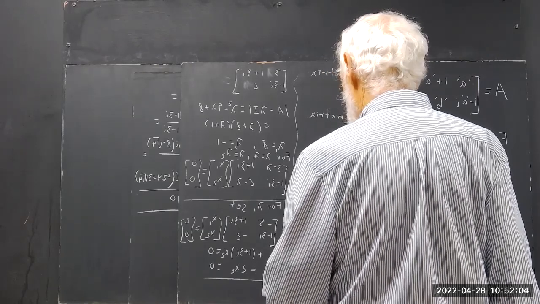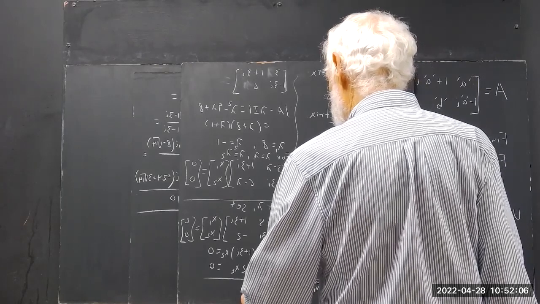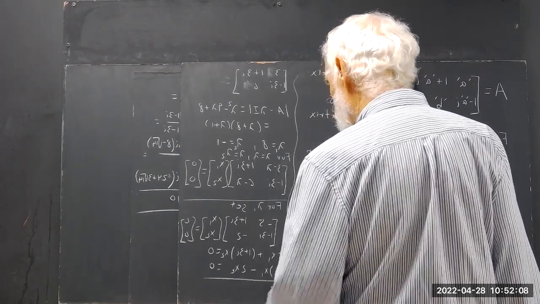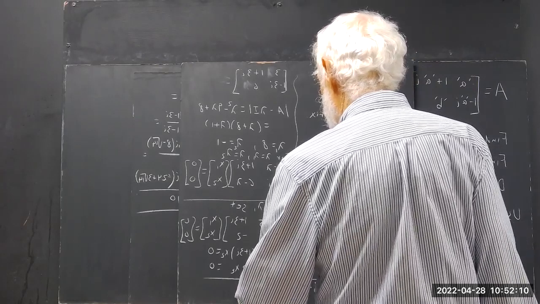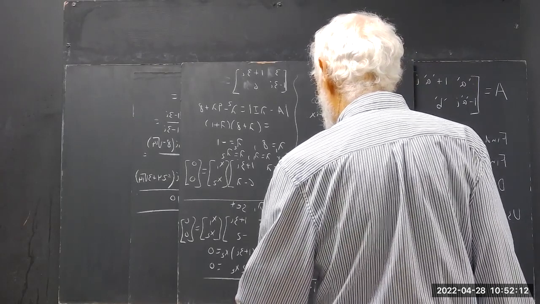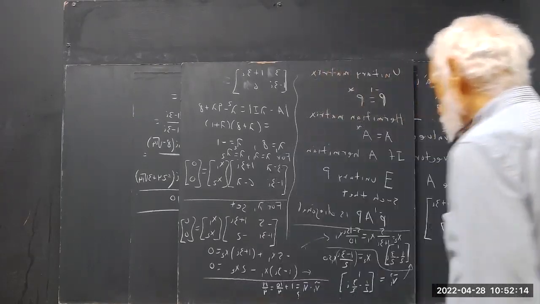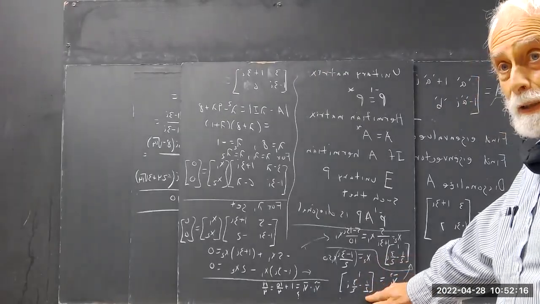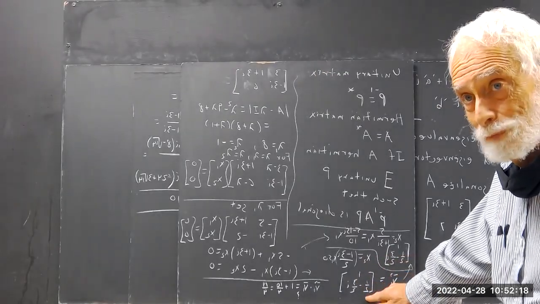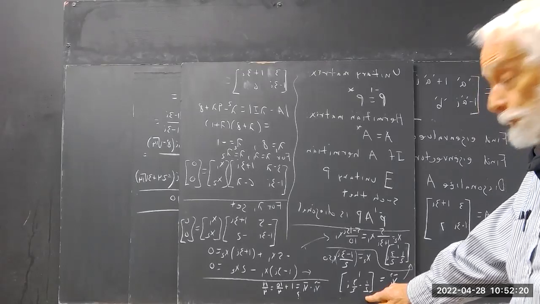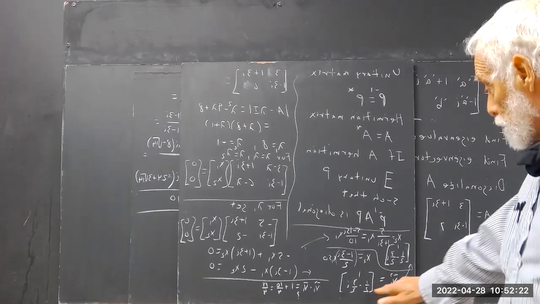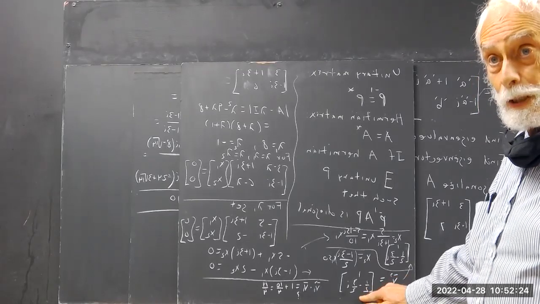I'll put a little question mark on this. Okay, so that's like 14/4. Well, you normalize that by dividing by 14/4, taking 4/14 of all this. Okay, so that would give you a unit eigenvector.